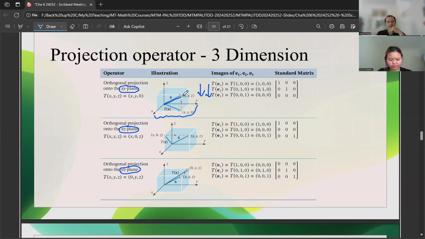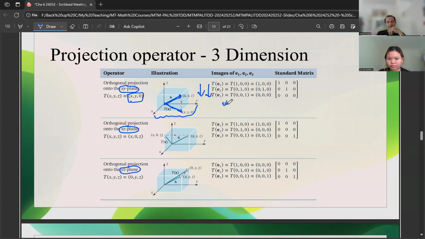So our vector will be in the XY plane. This is the original X, and this is the result in the XY plane. And in the XY plane, Z will be 0. Jadi Z bakal menjadi 0.